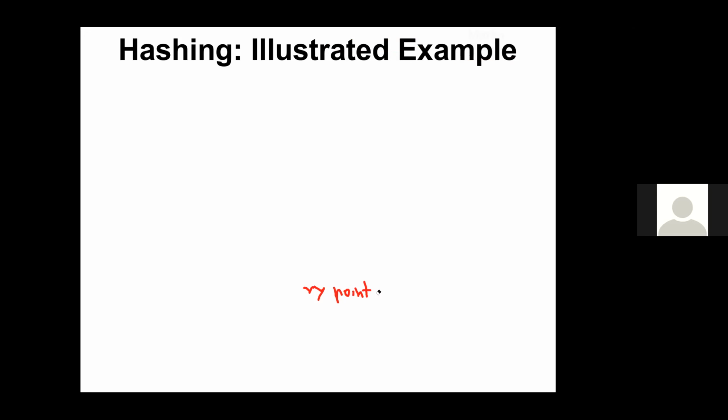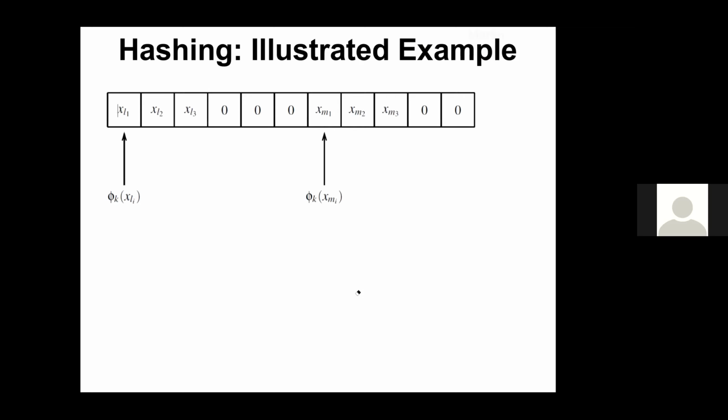But let us make an example here, which I draw with these graphics. Here is an example of how these elements x are stored in this array of p elements.